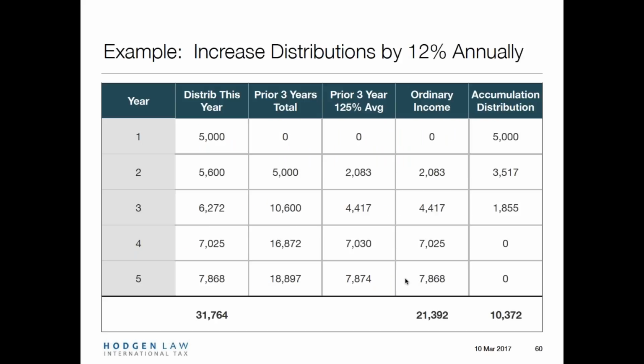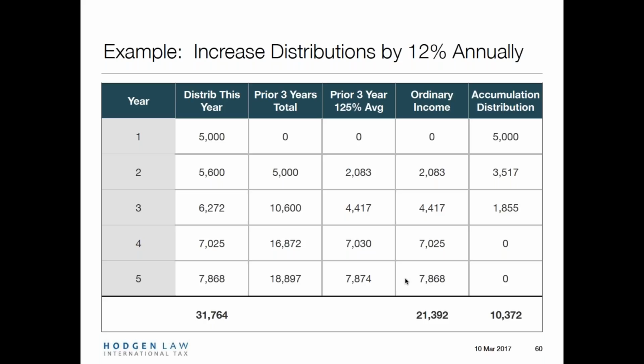And so here we're going to go straight to slide 60. Here's a little table I'm showing you where we've got a trust that's been in existence forever. It starts by, in year one, distributing $5,000 to the U.S. beneficiary.